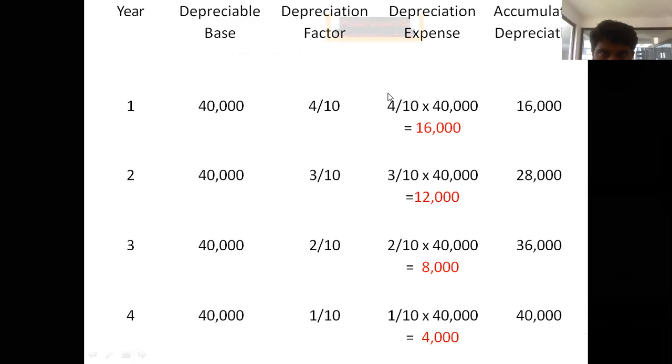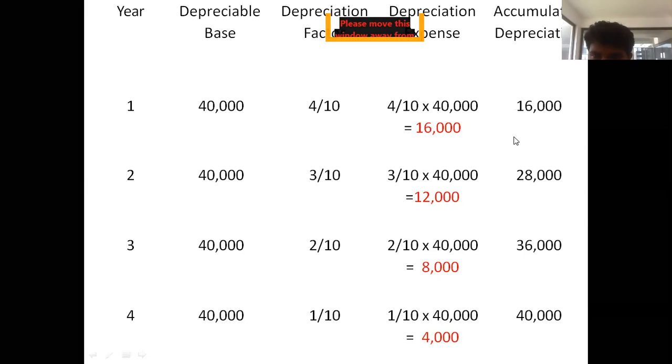Multiplying gives 16,000, the first year depreciation amount. Similarly, the third year, 40,000 into 3 by 10, gives you 12,000.